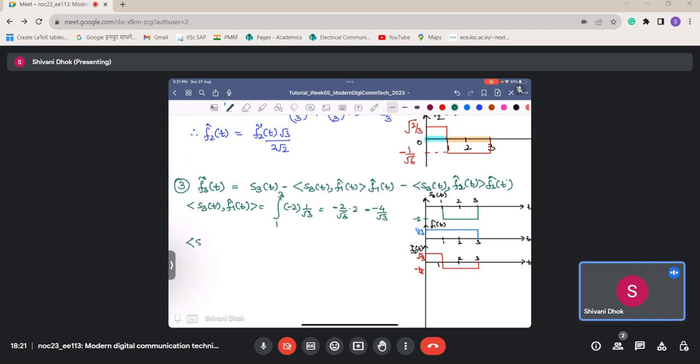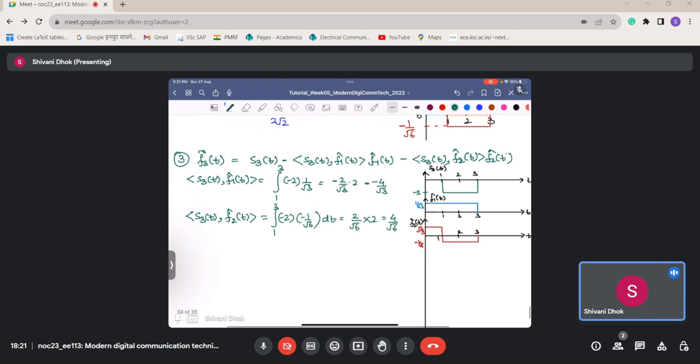Similarly, let us do inner product of s3t with f2 hat of t, and this comes out to be integral from 1 to 3. Again this is minus 2 in this range, and this is minus 1 by root 6 dt. So this is 2 by root 6 into 2, which is equal to 4 by root 6.